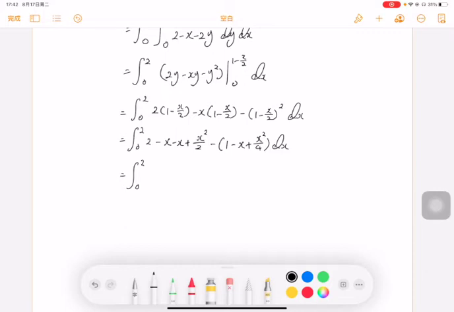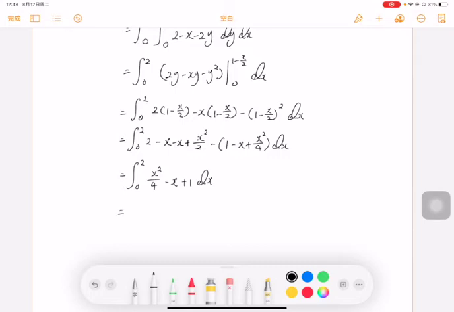So we have 2x squared minus x squared over 2 minus x squared over 4, which is x squared over 4. And the first order terms, minus x minus x plus x, so minus x. And then finally constant terms, 2 minus 1, so plus 1 dx.